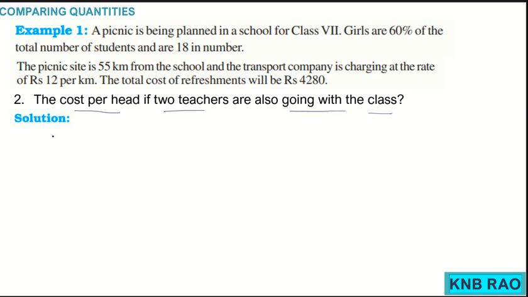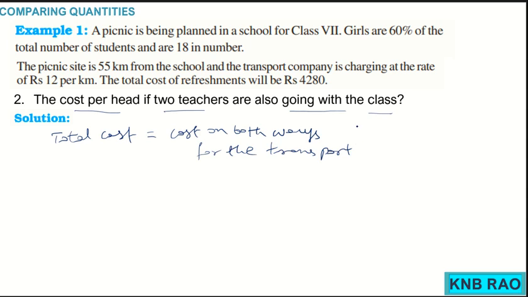So I am calculating the total cost first: cost on both ways for the transport, plus cost of refreshment.